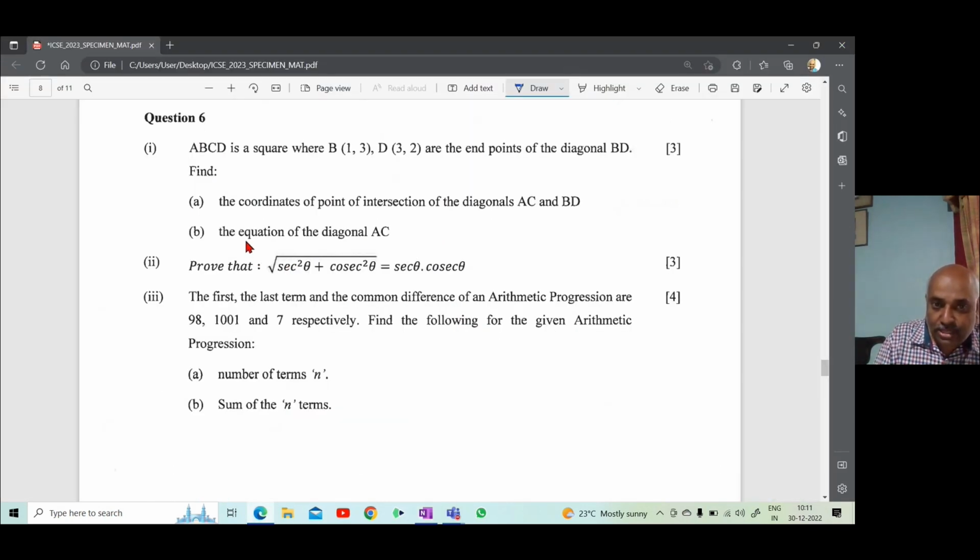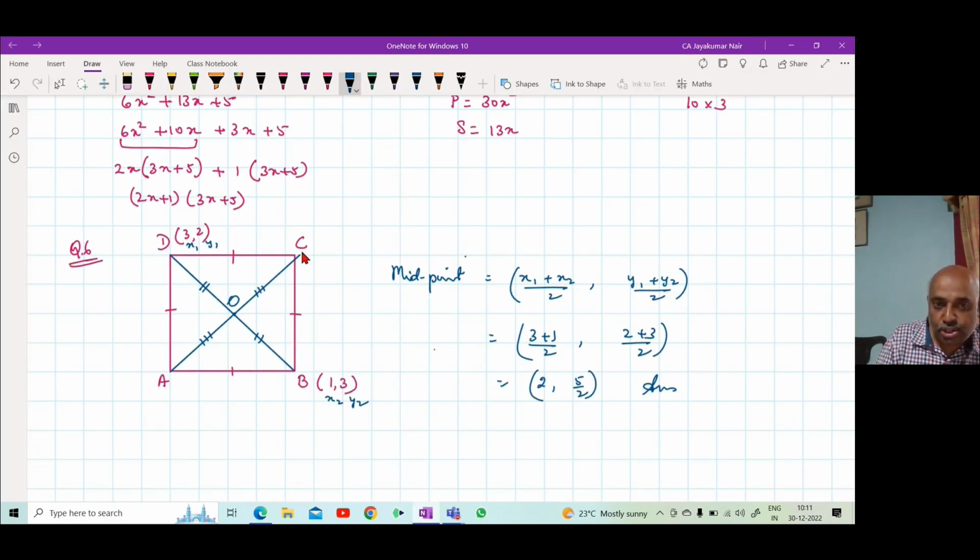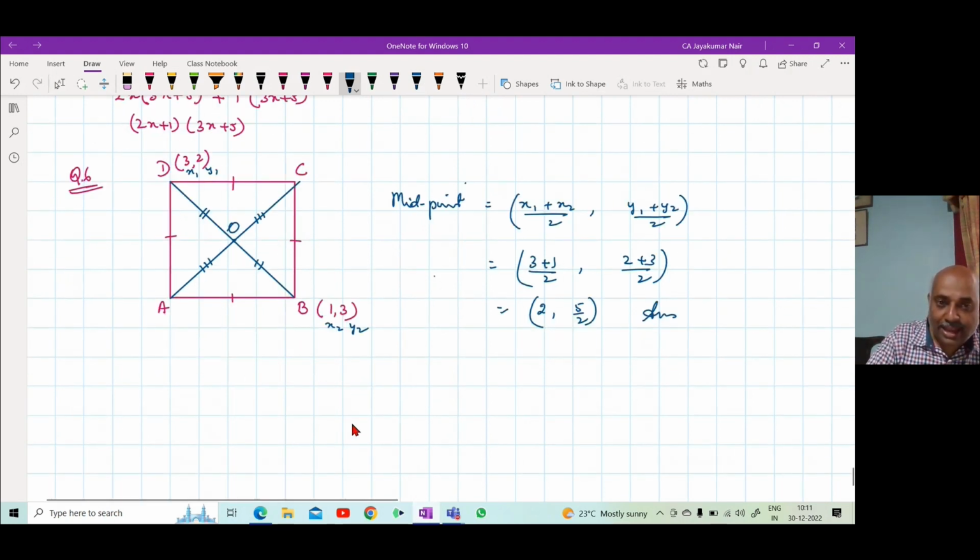The second part of the question says the equation of the diagonal AC. So you have to find out the equation of the line AC. Remember, the diagonals bisect each other at 90 degrees. Therefore, you find the slope of BD.